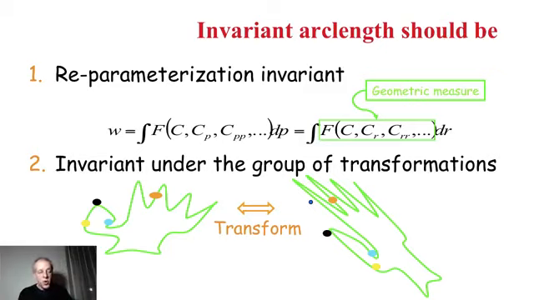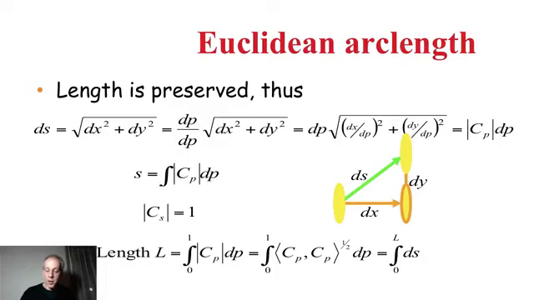So let's use this concept to define the arc length S that we saw before. Let's just explicitly define it now, and we're going to do the same for the affine case. But let's start with the Euclidean, so basically only allowing for rotations. So here's what we have, and this diagram is very good. Assume that you have a curve going through here, and you're going to take a very infinitesimal, very small portion of that curve.